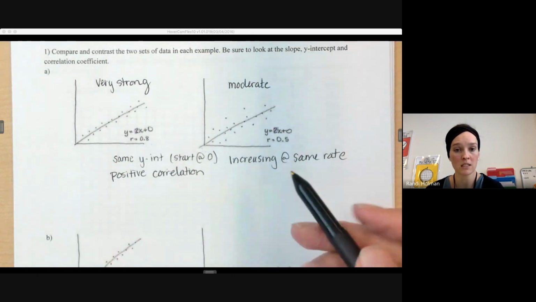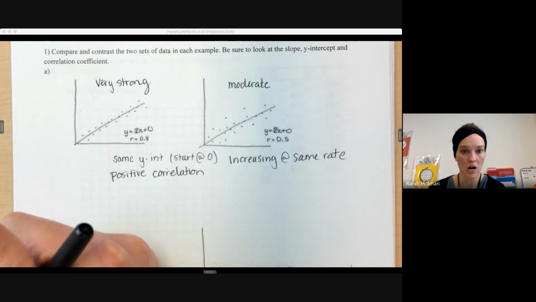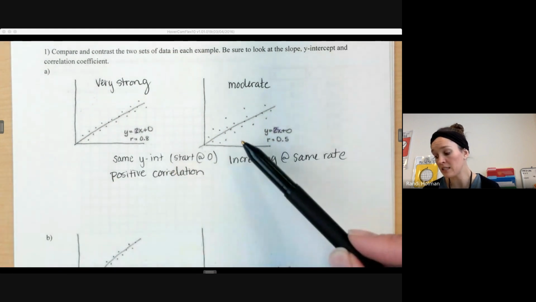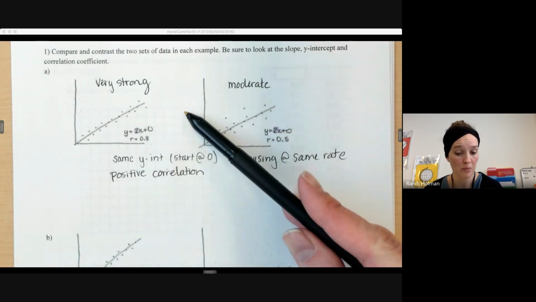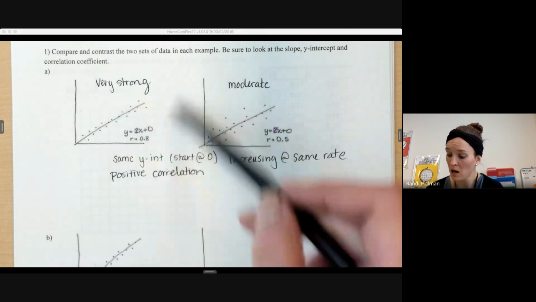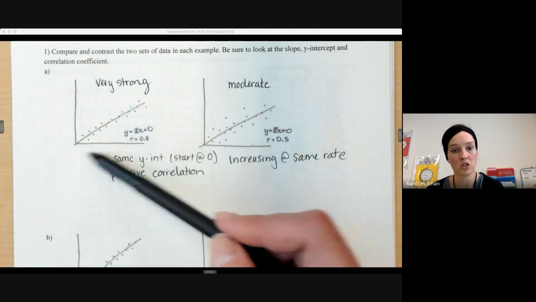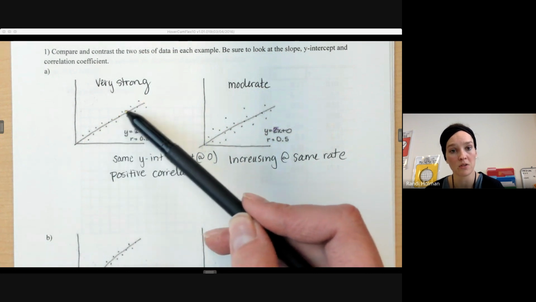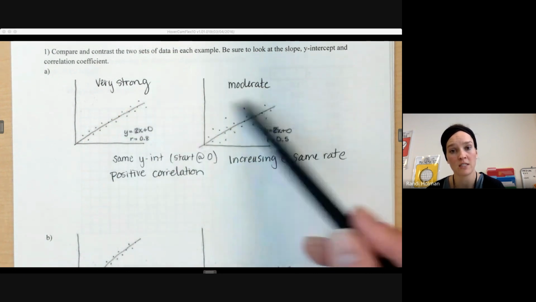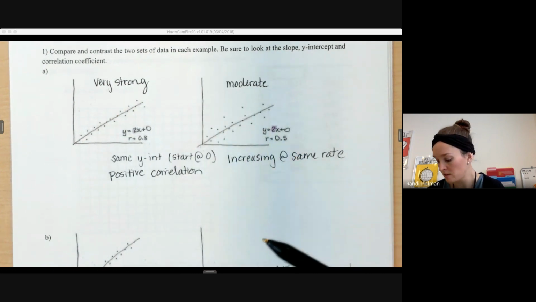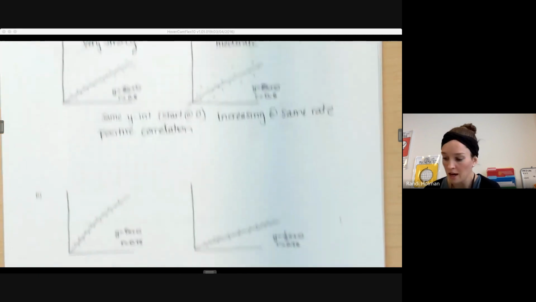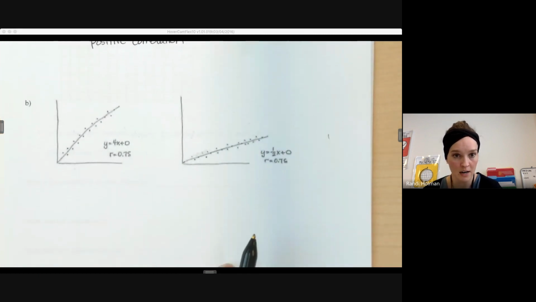They both have positive correlation, they both start at 0, and they both increase at the same rate, as seen in their slope. But this model more strongly fits the data than this model because this is a very strong correlation. You can see our points here are a lot closer to following that line, versus these points here, which are a little more spread out.